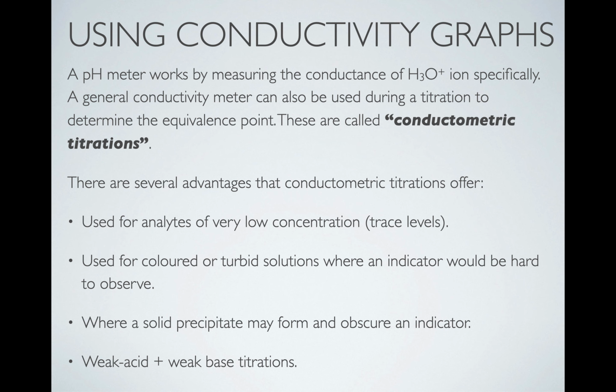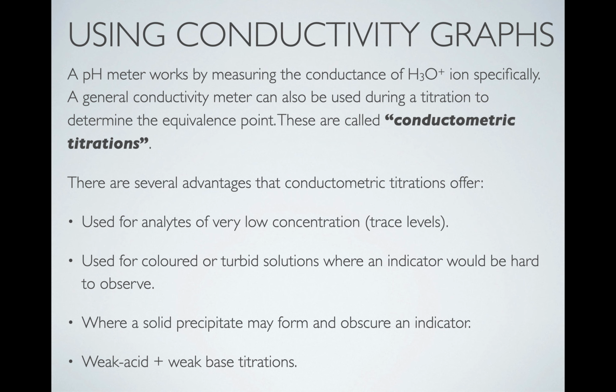Coca-Cola has food colours in there. You can't use an acid-base indicator and see colour change because of that brownness of it. So I chose to show you a conductivity titration to get around that, where you're not using an indicator, we're using our conductivity to find the endpoint.